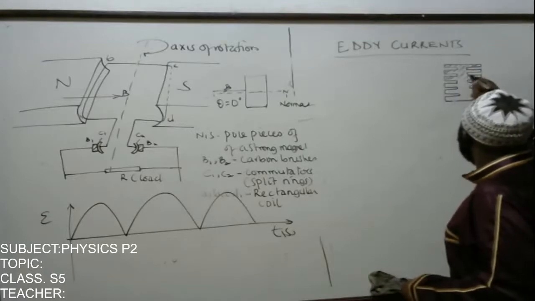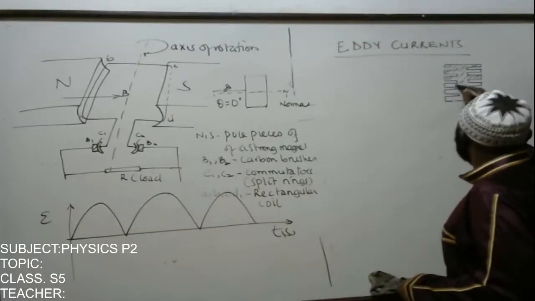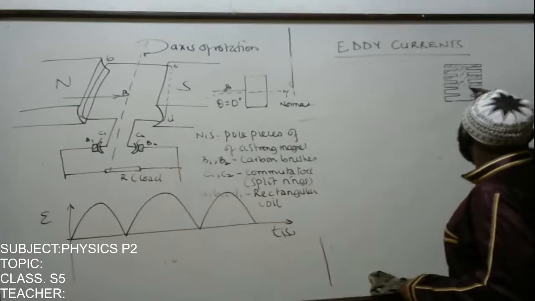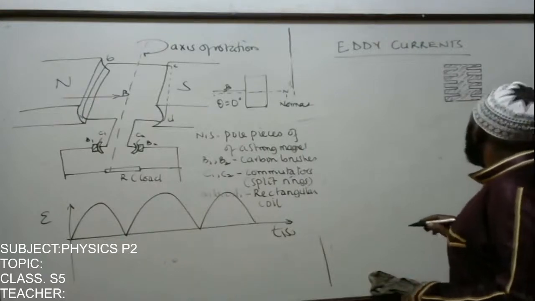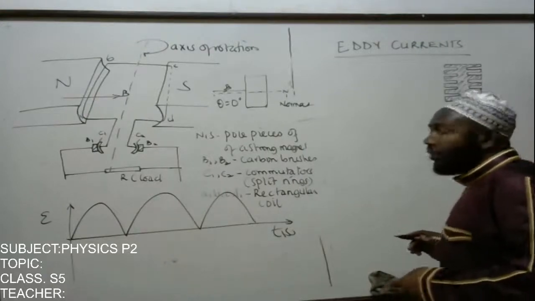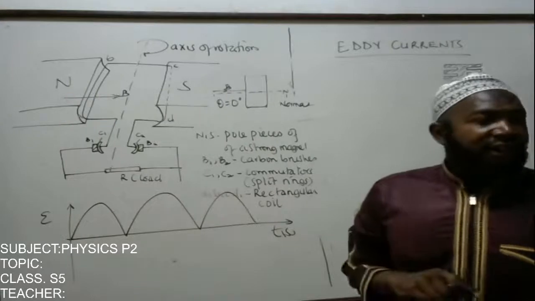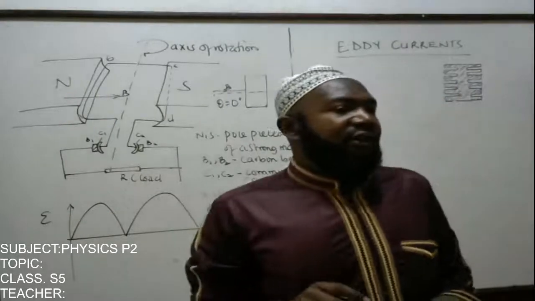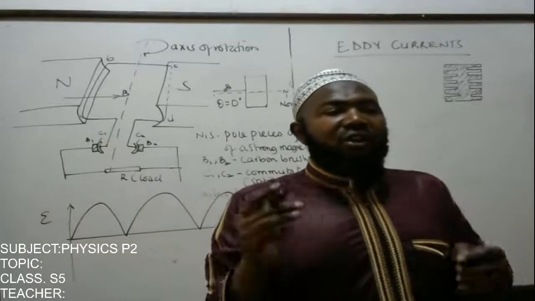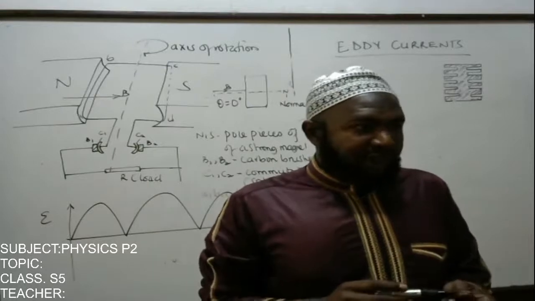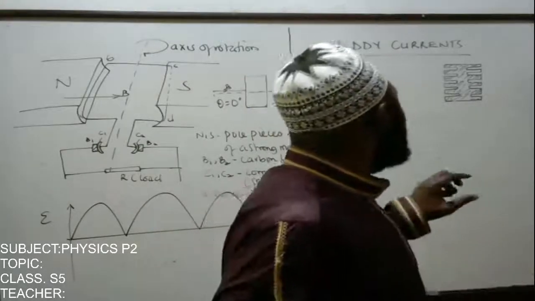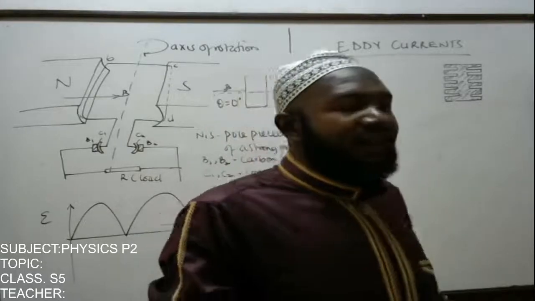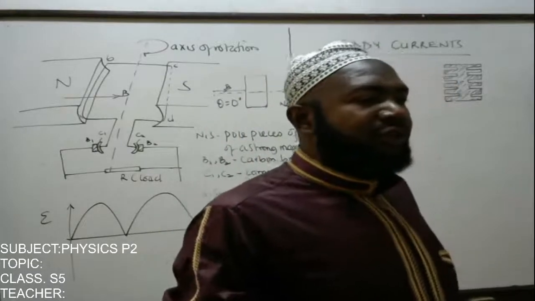So this is what we call laminating the core. So the shaded area becomes the effective body through which the eddy currents need to circulate, other than using the whole body of the conductor. That process is what we call laminating the core in order to reduce the eddy currents.